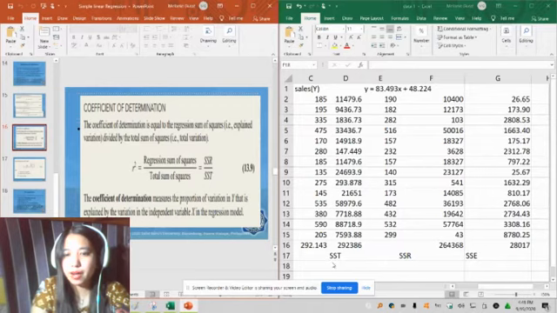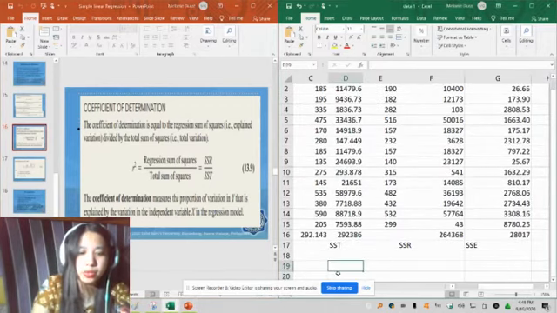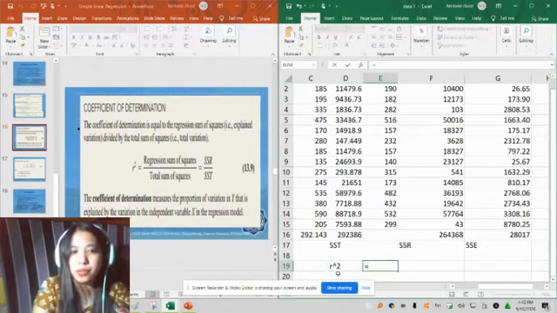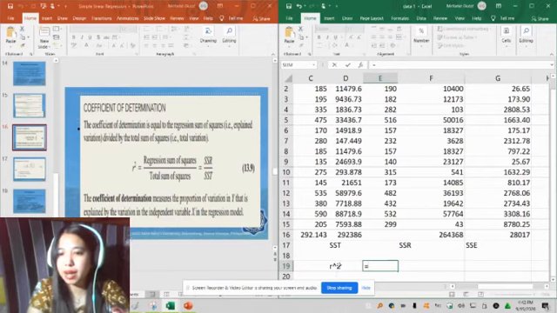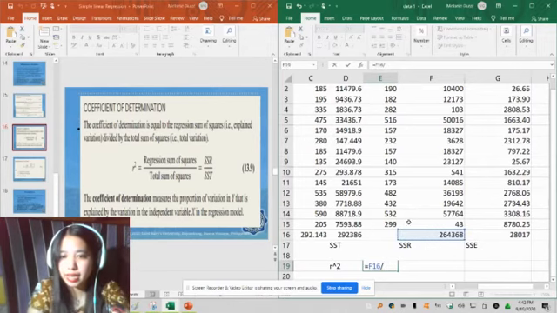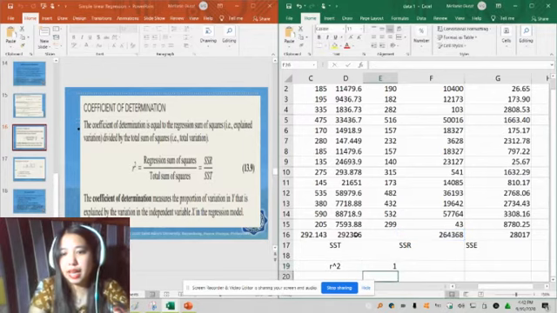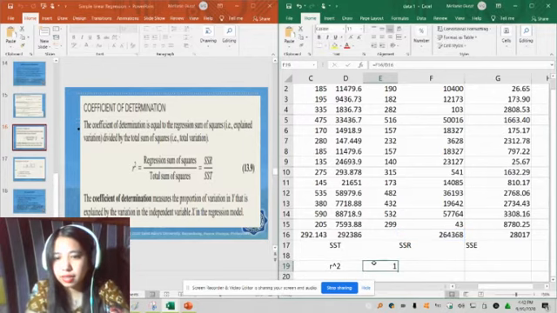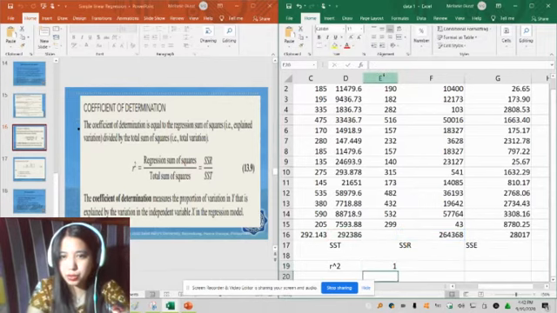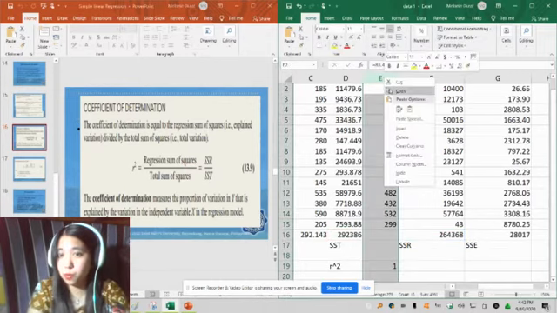So what is the value of R squared based on this computation? So our R squared is equal to, so let's just substitute the formula, our SSR all over our SST. And so since this is rounded into the nearest whole number, that's why it's 1.